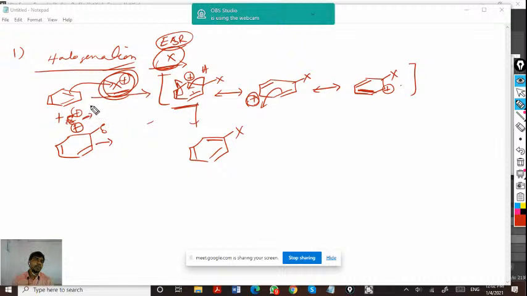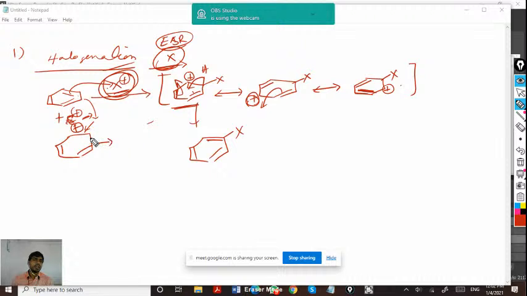If a carbocation is reacting, the intermediate will be a carbocation. If a carbon ion is reacting, the intermediate will be a carbon ion. If an electrophile is reacting, the resulting species will be an electrophile, because both have positive charge. If a nucleophile is reacting, the resulting species will be a nucleophile.